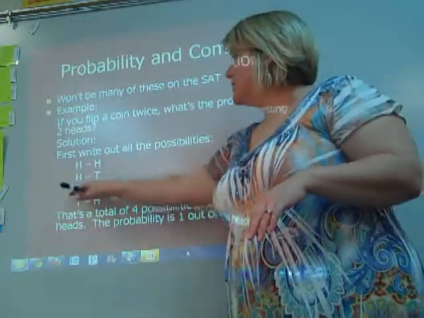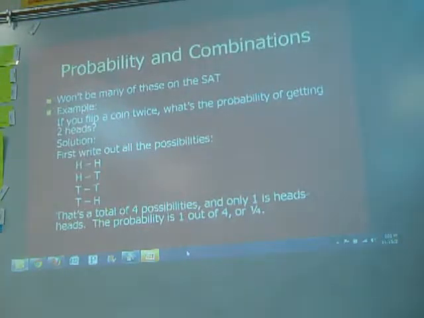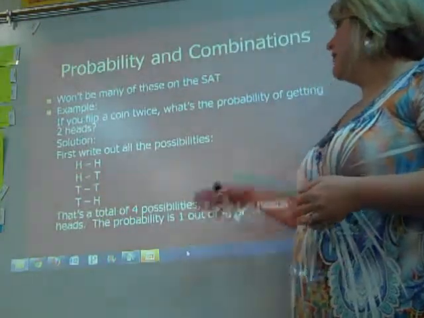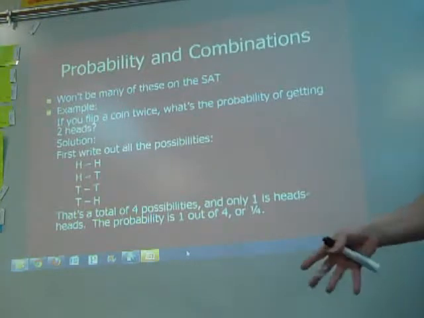You could get tails both times, or you could get tails the first time and then heads the second time. So that's a total of 4 possibilities or 4 combinations, and only one of them is heads both times. So the probability of you getting that specific combination is 1 out of 4, or a fourth. So it's a probability combination problem.